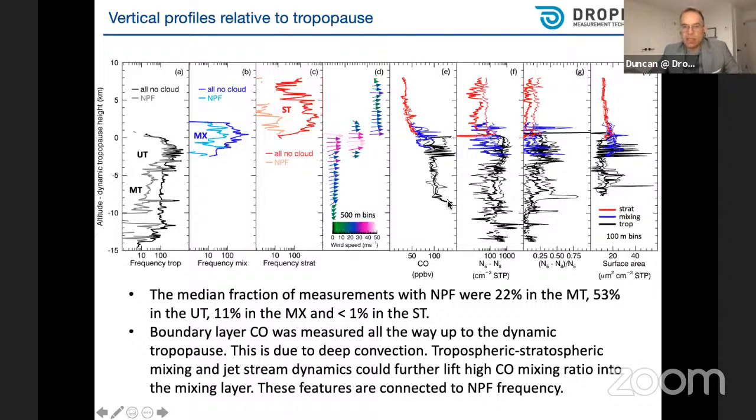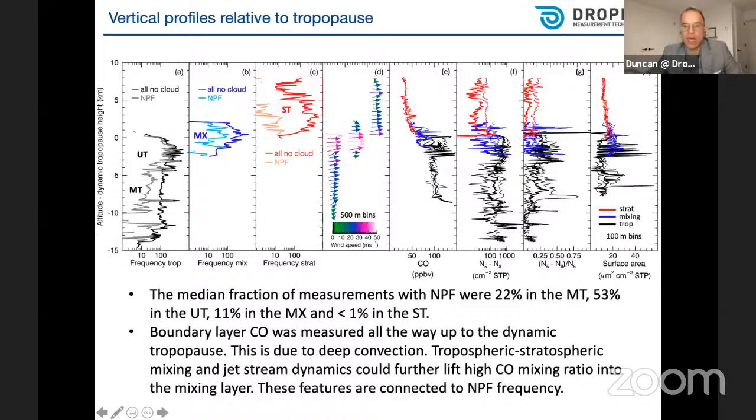This means that there is a process that's moving the CO from the middle troposphere to the upper troposphere and the mixing layer. And we think that this is associated with clouds.